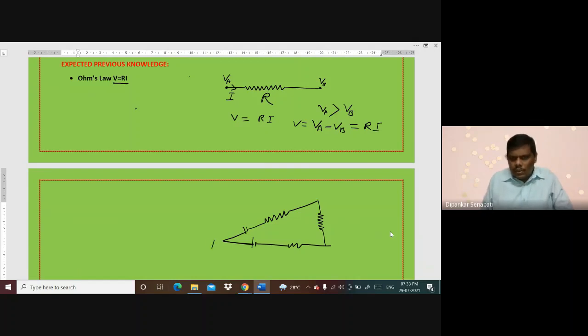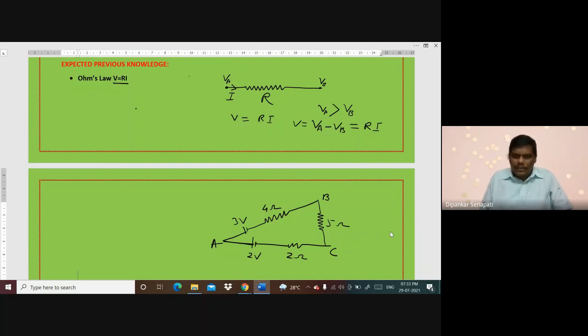Let us name the points A, B, and C. The resistances are known to us: this is 4 ohm, this is 5 ohm, and this is 2 ohm. This cell is of 2 volt, this is of 3 volt. We can easily find the current in the circuit by using Ohm's law.